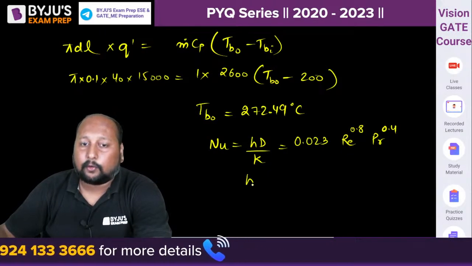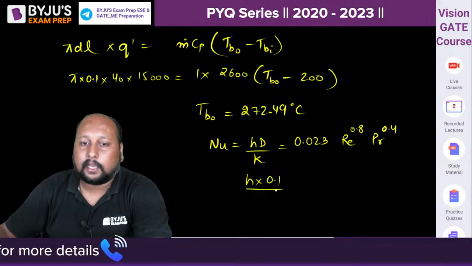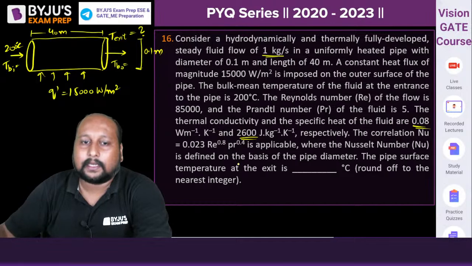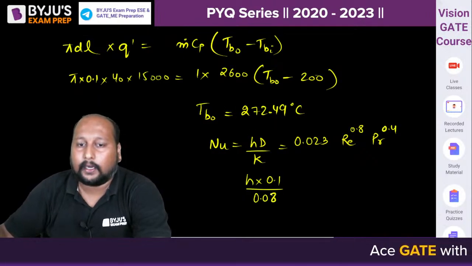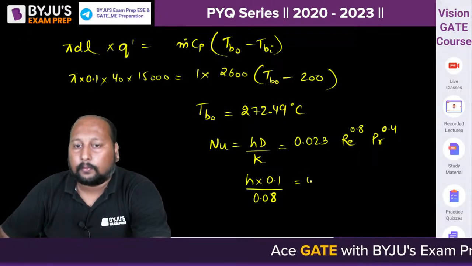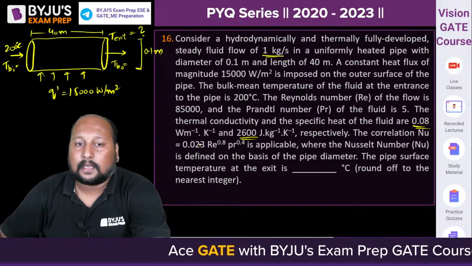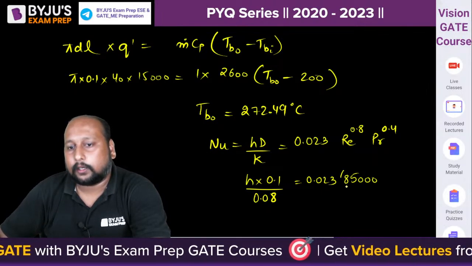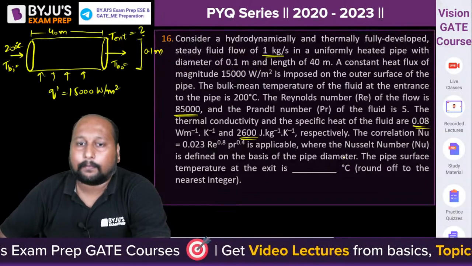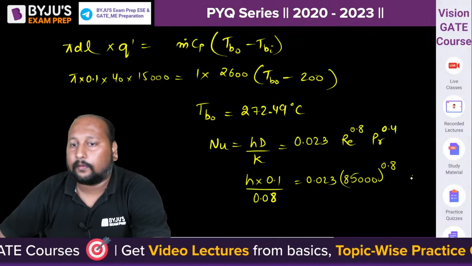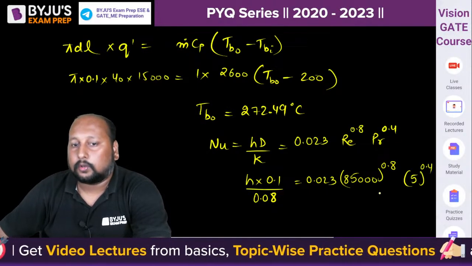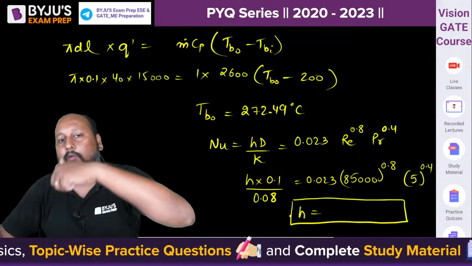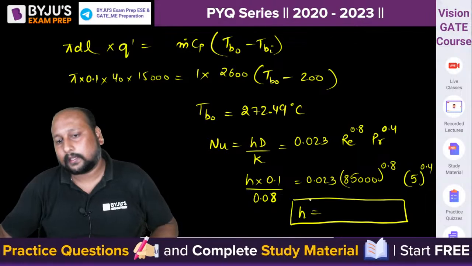So h value we have to calculate, diameter is 0.1, thermal conductivity k is 0.08, 0.023, Reynolds number is 85,000 to the power 0.8 and Prandtl number is 5 to the power 0.4. So tell me what is the value of the convective heat transfer coefficient after solving this. Once you get this value, you can calculate the exit temperature at the surface.